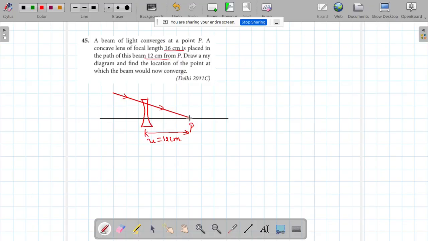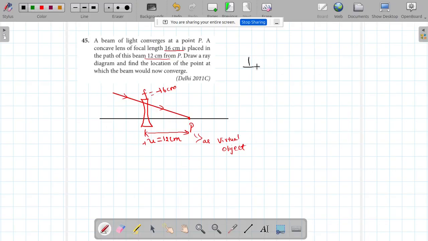Here, this point P acts as a virtual object for this concave lens. Therefore, the focal length is given as 16 centimeter, but it is negative. But the object distance is positive. Why? Because it is on the right side of the concave lens, along the ray.